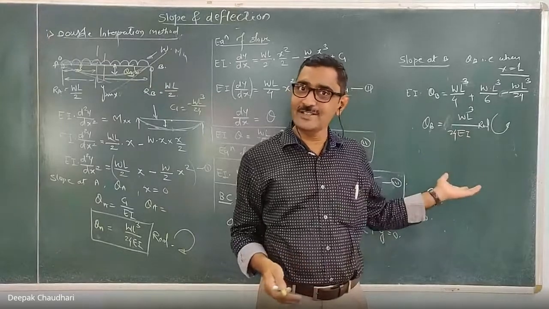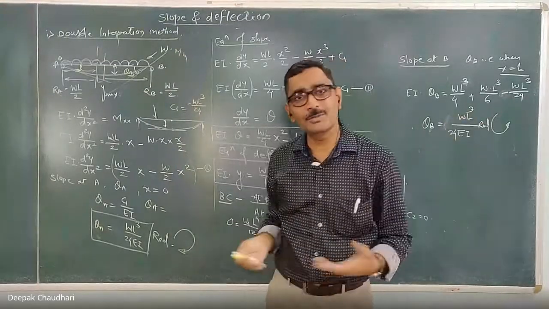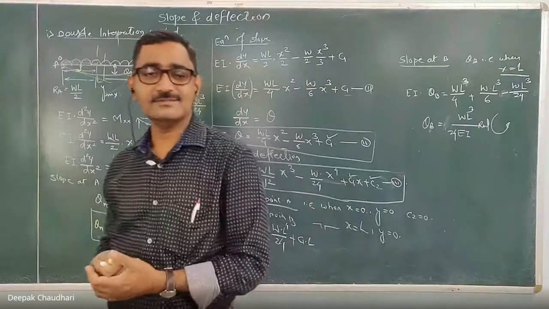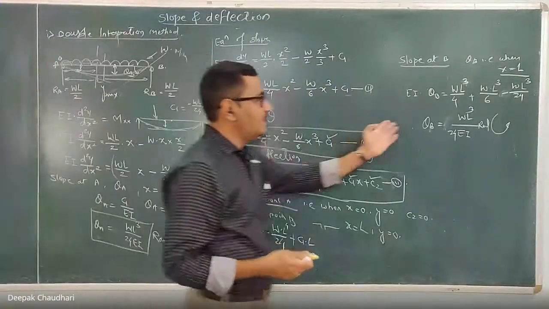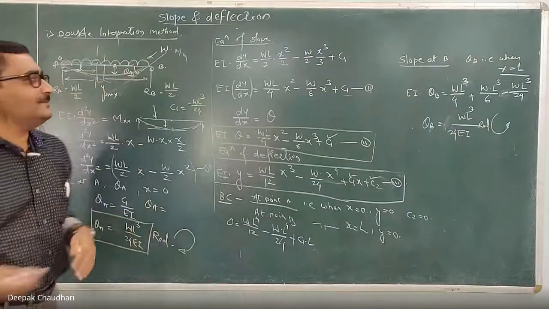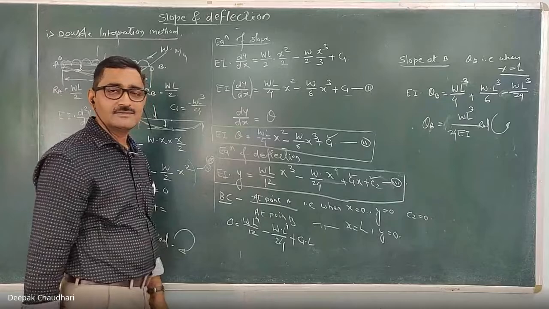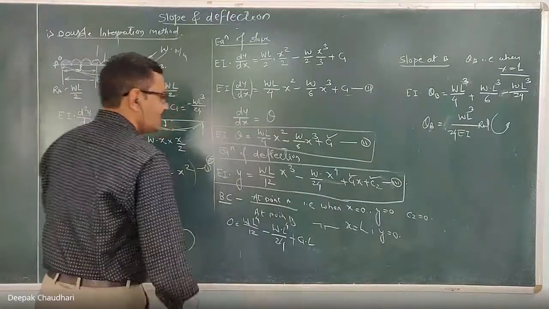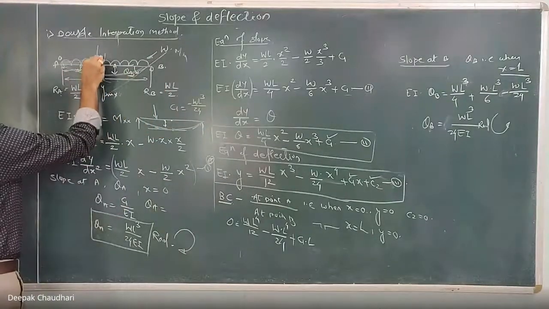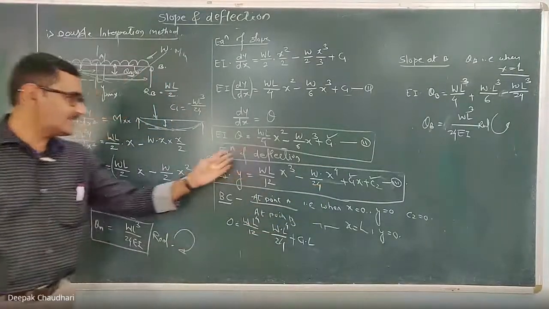If it is in Newton per millimeter, then all other units should be analogous to that. The final unit of this slope will be radian. Exactly, by using this equation we can calculate the deflection. Now, if you want to calculate the deflection at any intermediate point, substitute the value of x, and C1 and C2, and you will get the deflection.